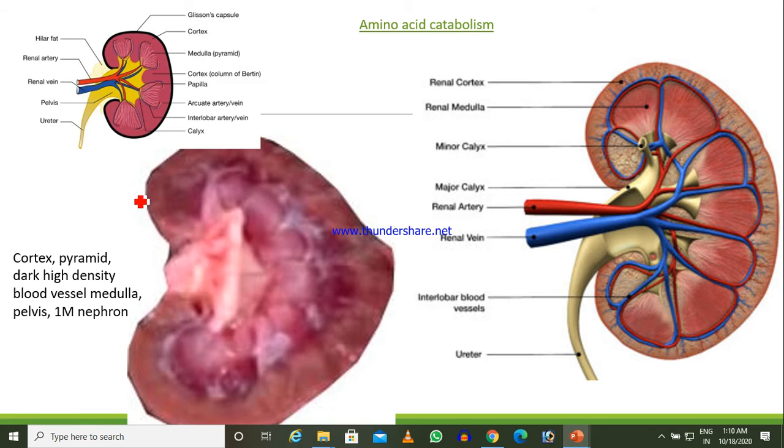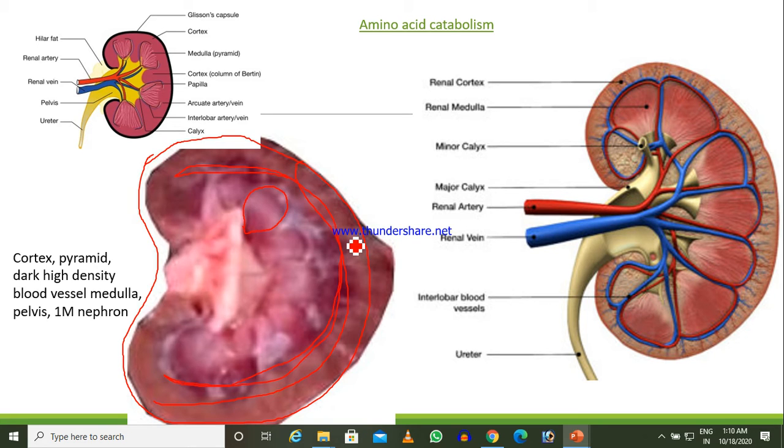After dissecting the kidney, this is the picture. This area is the renal cortex. This is the pyramid. See this dark area, which contains high-density blood vessels.